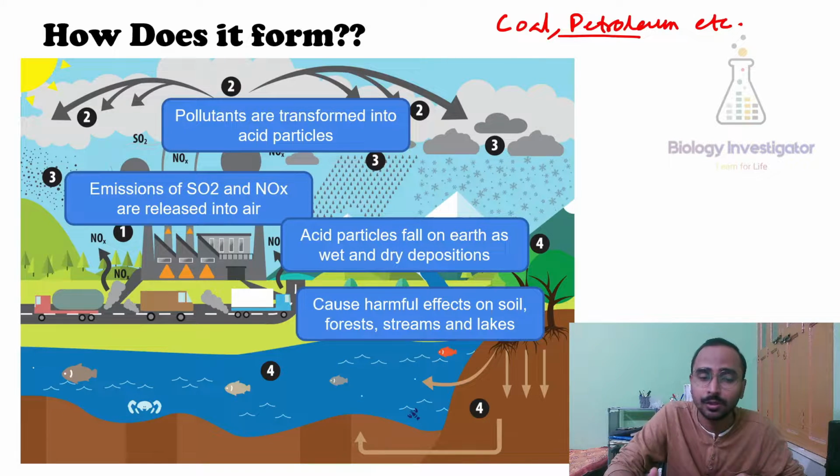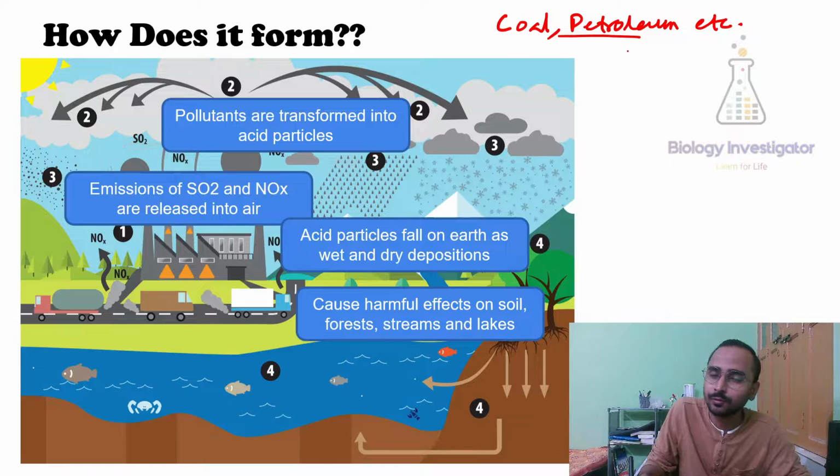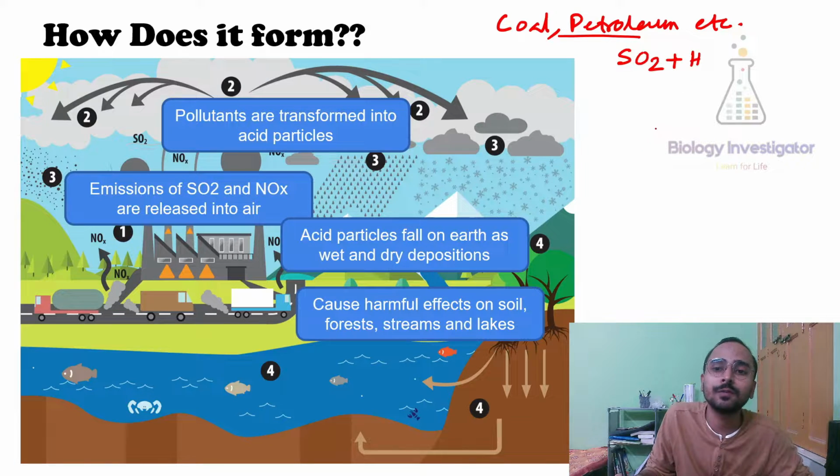These pollutants are transformed into acid particles. From sulfur dioxide, you can get sulfuric acid and sulfurous acid.